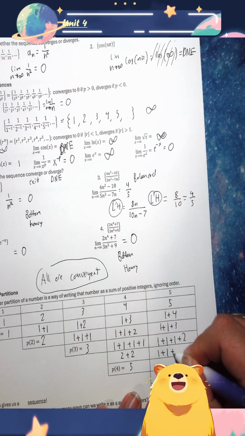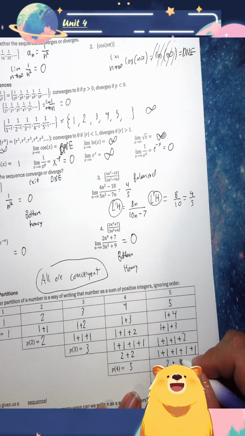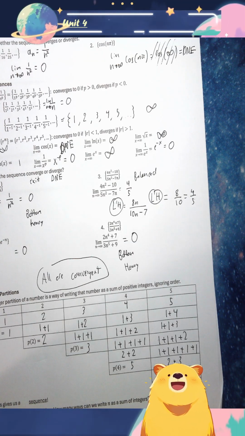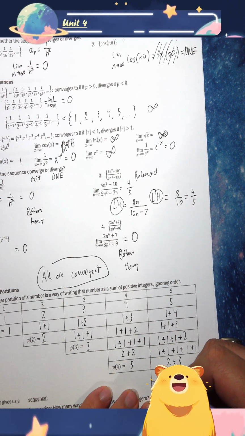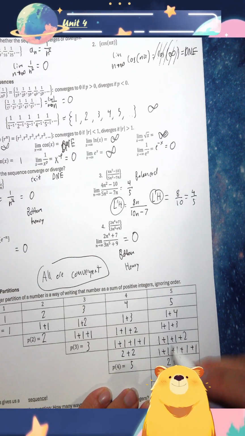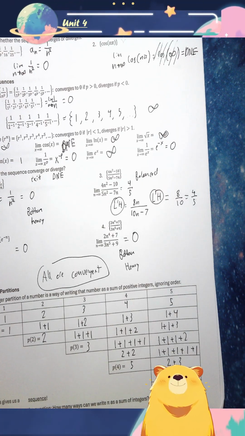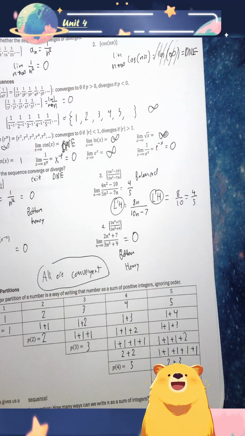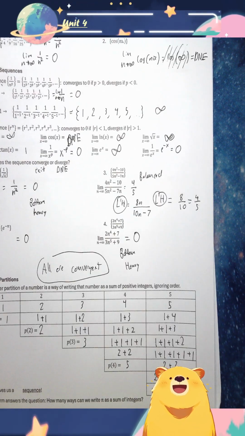And then you have 5 ones. And then 2 plus 3, and you can split up the 2 into 2 plus 2 plus 1. And it's going to be 7. This gives us a sequence. Each term answers the question: how many ways can we write n as a sum of integers?